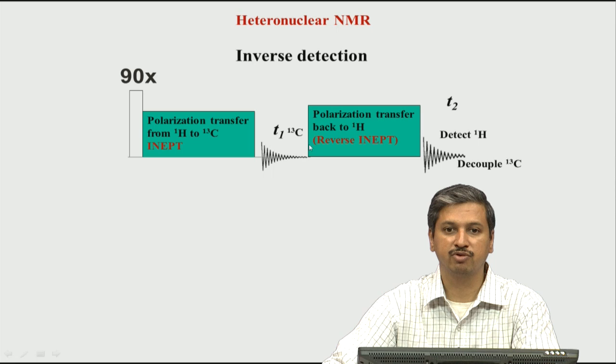Once the T1 evolution period is over, as the picture denotes here, it is not that we wait till this gets over, it is that we stop somewhere in between. This is the standard principle of 2D, we evolve for some time and then transfer the polarization back to the proton.